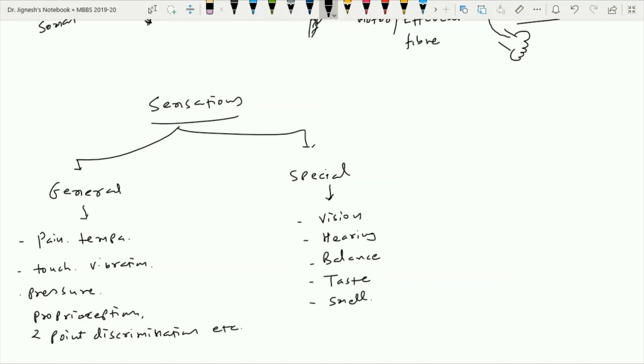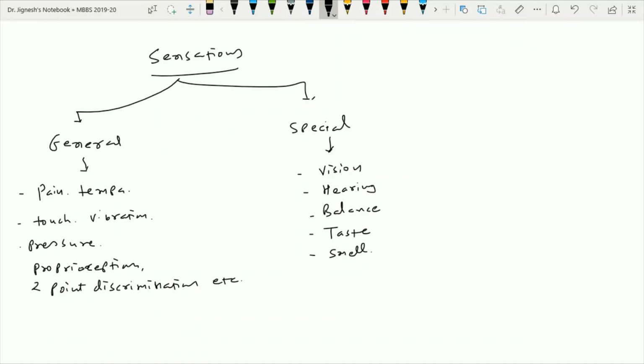So these five sensations are the special sensations. So any afferent fiber, that is the sensory fiber, may be general afferent or a special afferent fiber, and these general afferent and special afferent fibers are from any spinal nerve or from the cranial nerve.